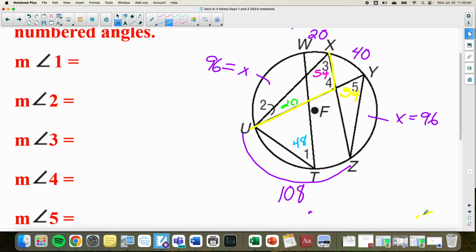Is this vertex on the center? No. So you can't do it that way. Then I heard divide by 2. Is this an inscribed angle like we talked about today? Why not? It's not on the vertex. This is not on the circle, correct? Okay. Anyone see what we could do then?